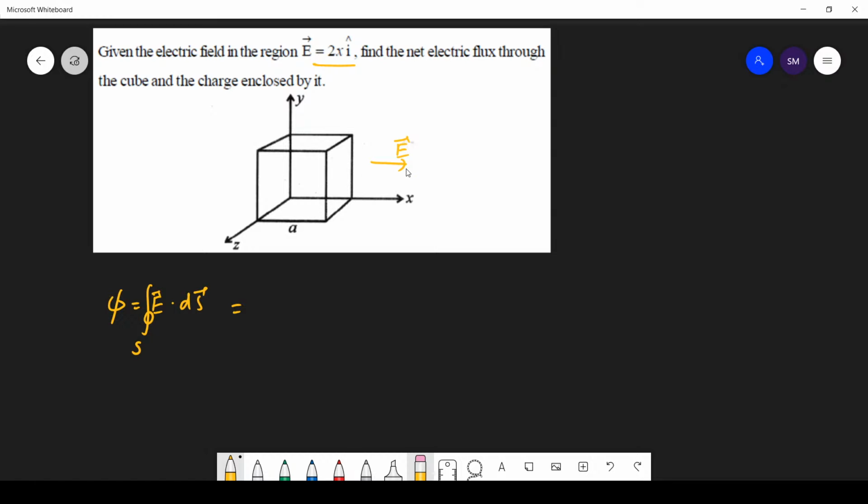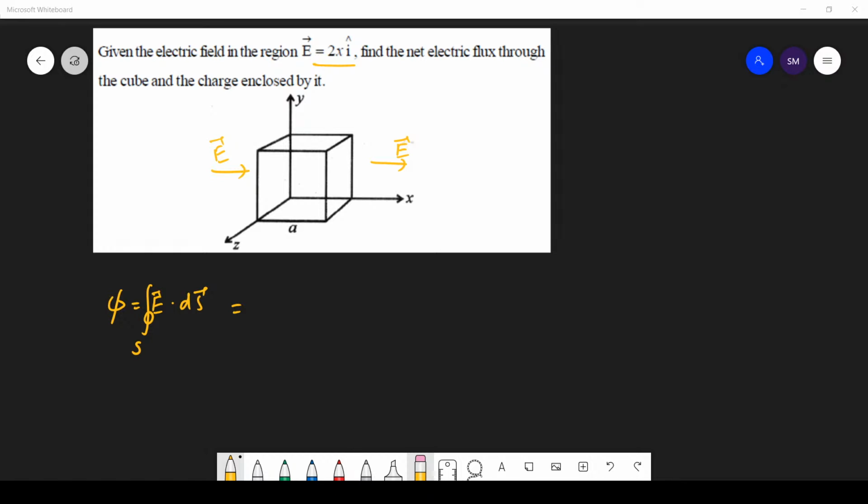The electric field is only in the x direction. So the field passes only through the faces along the x-axis, only through face 1 and 2. For the rest of the faces, it is 0.